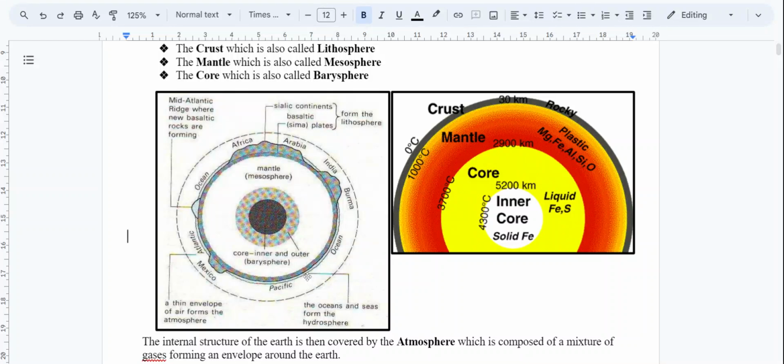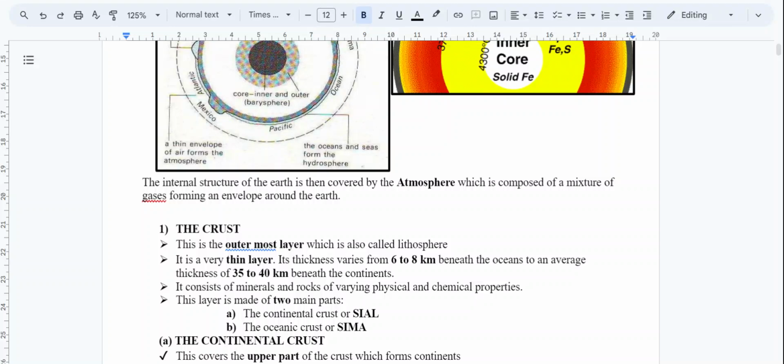The lithosphere or the crust is what we see here. I ask all of you to pay much attention to this. The internal structure of the Earth is covered by the atmosphere, which is a mixture of gases just above the Earth's surface.